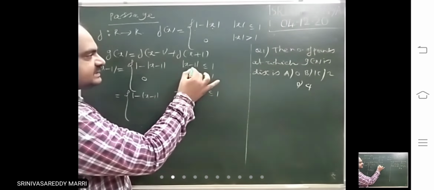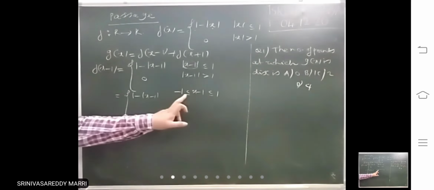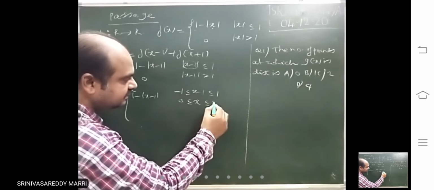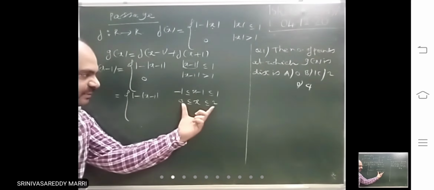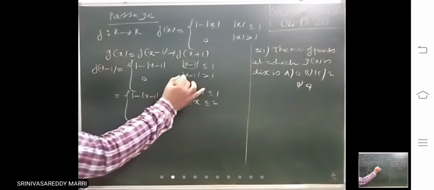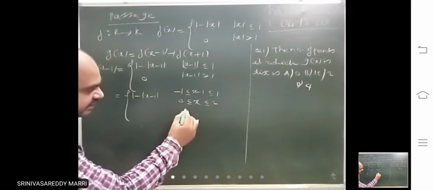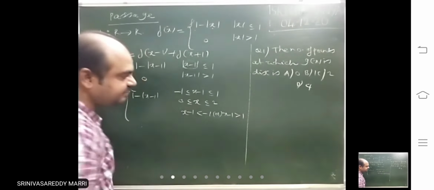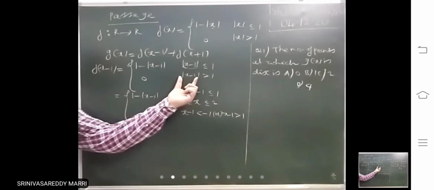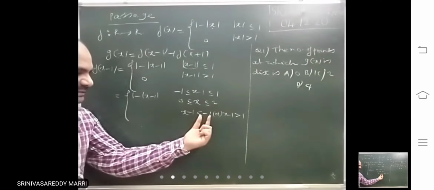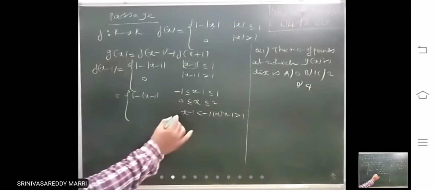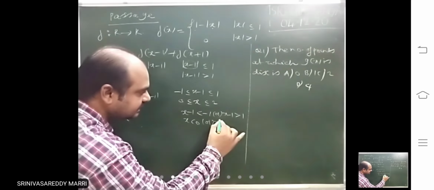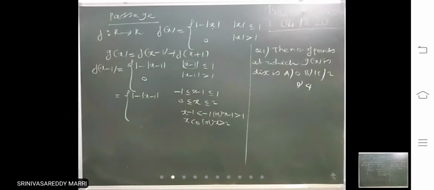So this x minus 1 must lie between minus 1 and 1. Now add 1 completely, this gives 0 to 2. That means this definition applies when x lies between 0 and 2. Modulus x minus 1 greater than 1 means x minus 1 less than minus 1 or x minus 1 greater than 1. Modulus x greater than a means x less than minus a or x greater than a. That means this definition applies for x less than 0 or x greater than 2.